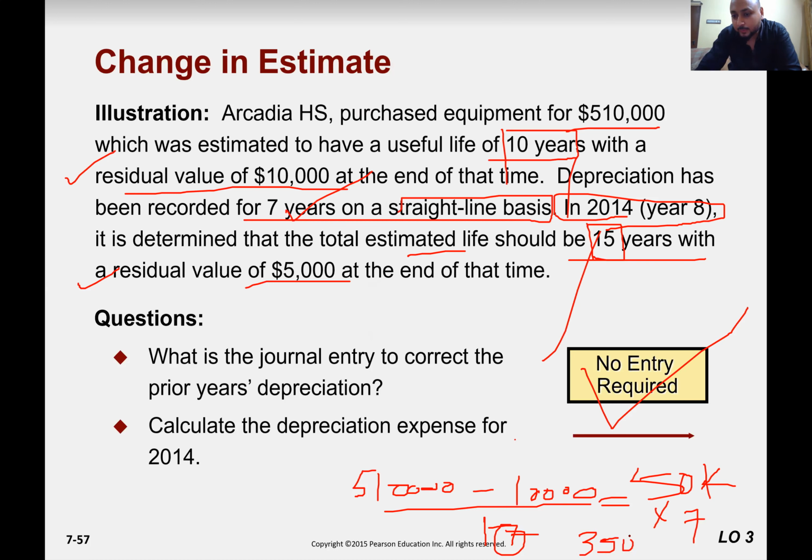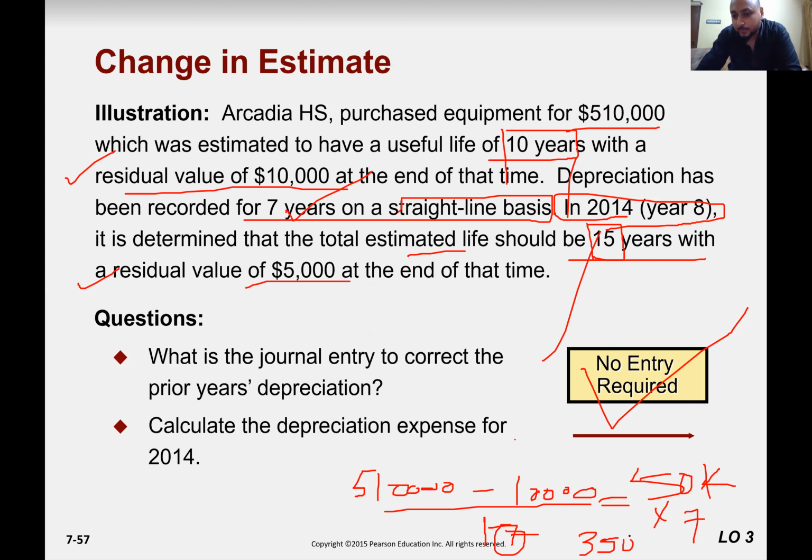So what is the value? 510. 350,000 worth we already have used. So how much left? So 510 minus 350K, which means this much worth of the equipment left. And now this is the new book value at the start of 8th year, right?